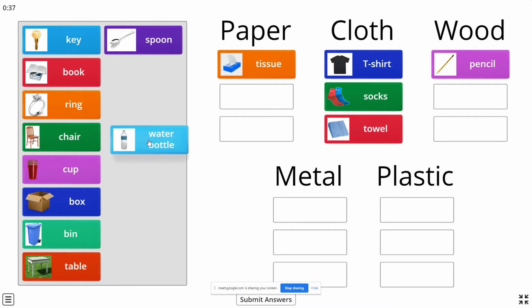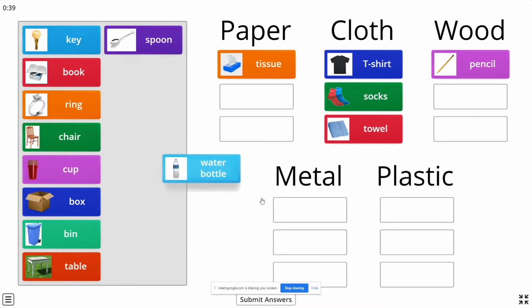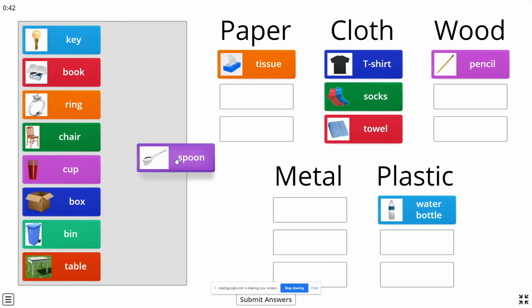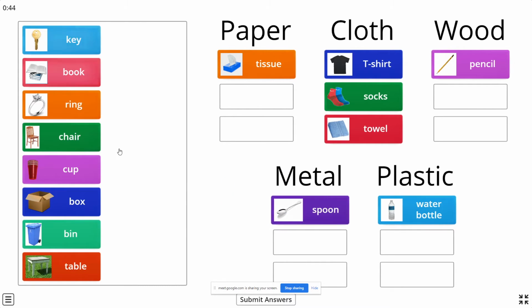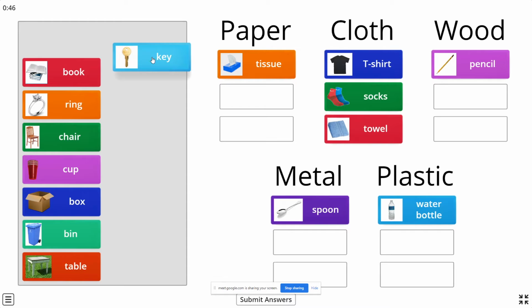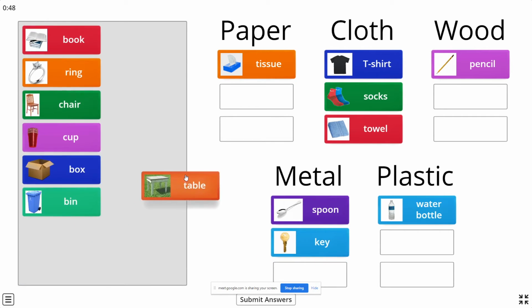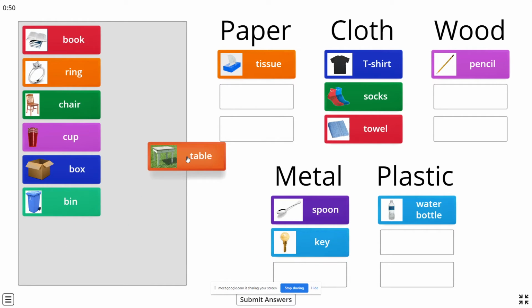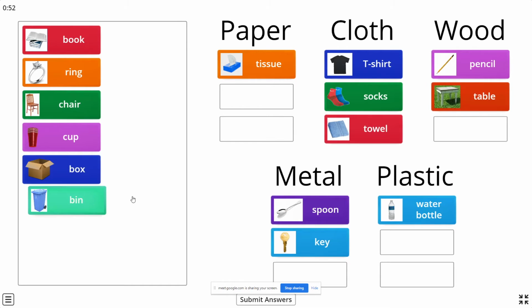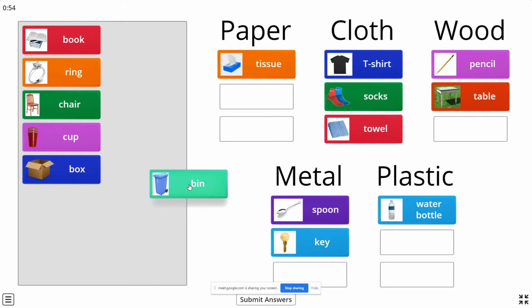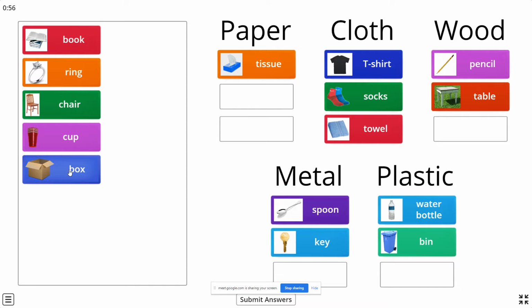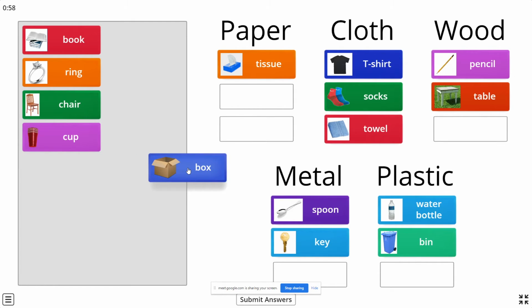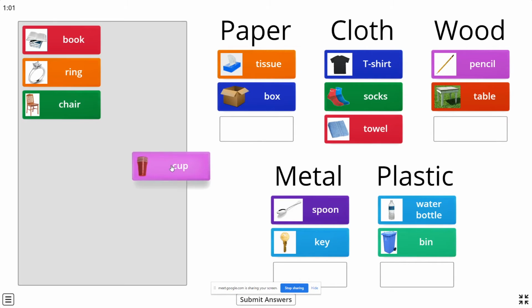Water bottle. Plastic. Spoon. Metal. Key. Metal. Table. Wood. Bean. Plastic. Box. Paper.